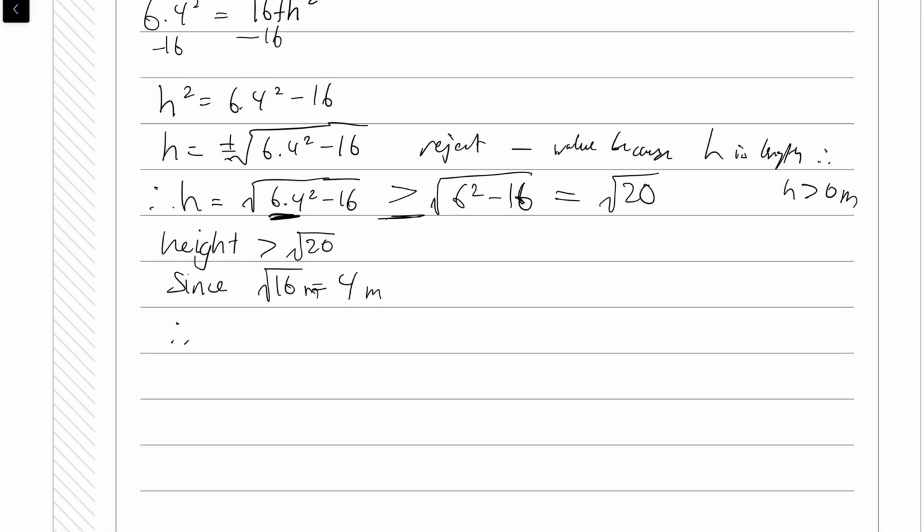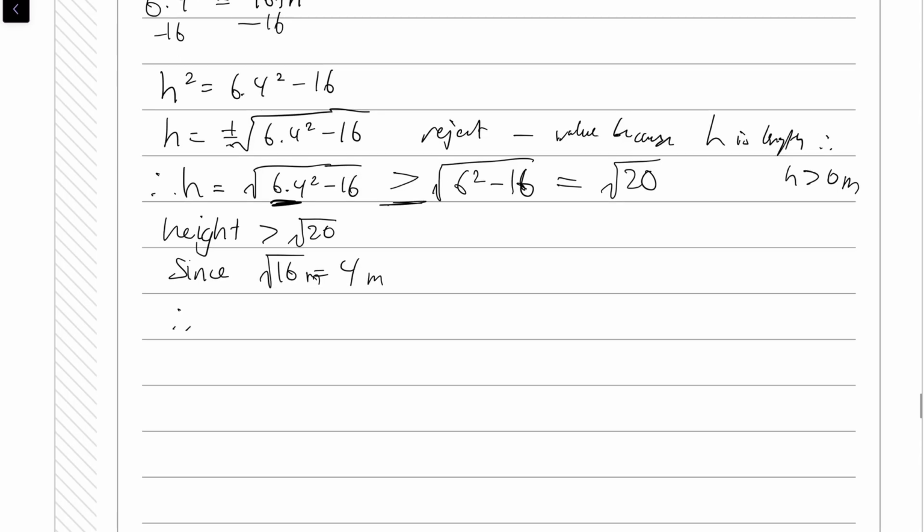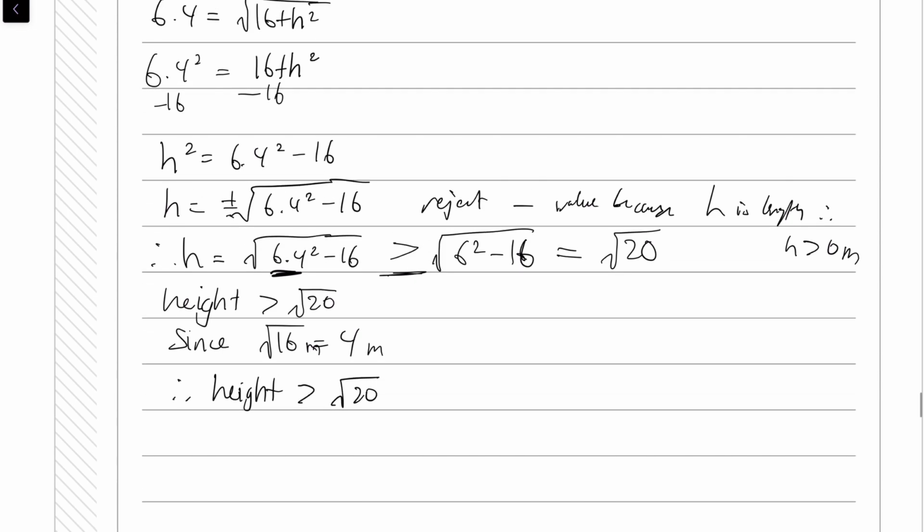We know the height is definitely greater than the square root of 20, right? So basically, height is greater than the square root of 20, which we've noticed from basically rounding down 6.4 to 6, height is greater than the square root of 20, which is greater than the square root of 16, which we know is equal to 4 meters.